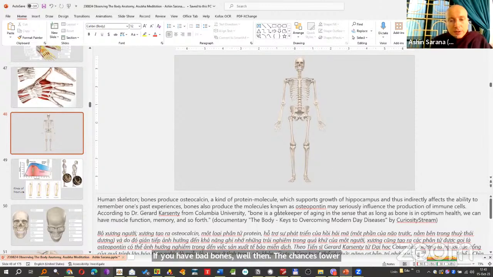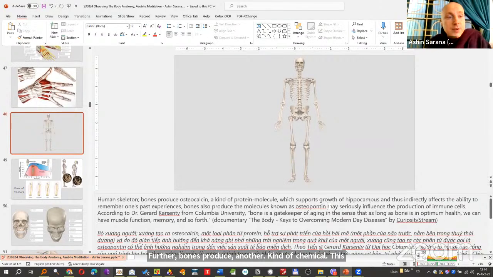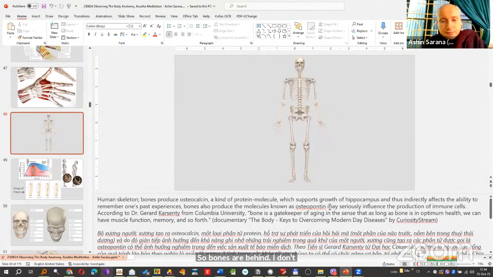Further, bones produce another kind of chemical, osteopontin. This kind of chemical then influences your immunity because it helps in production of immune cells. So bones are behind our memory, and they're behind our immunity.